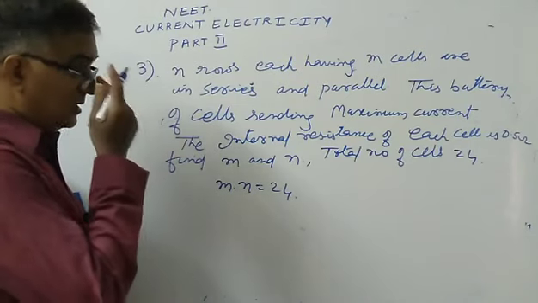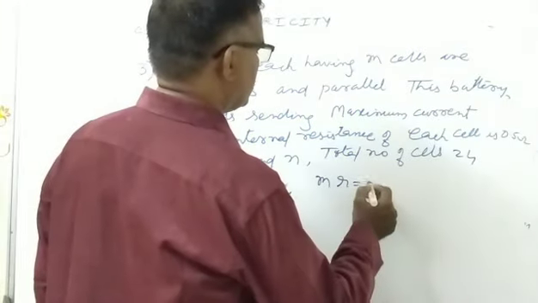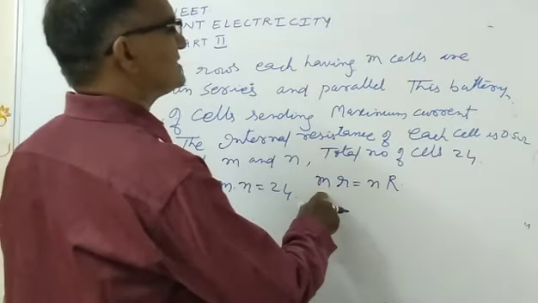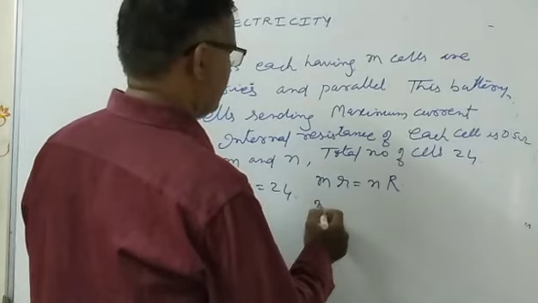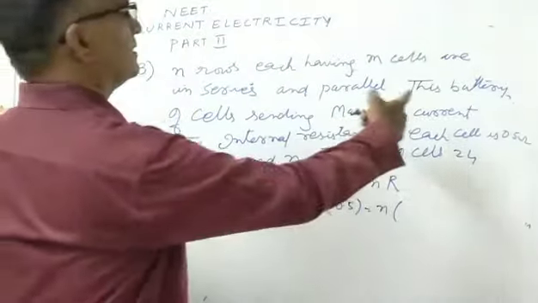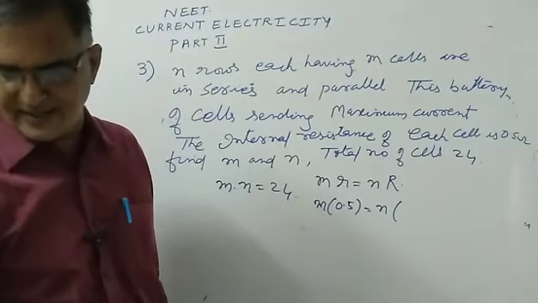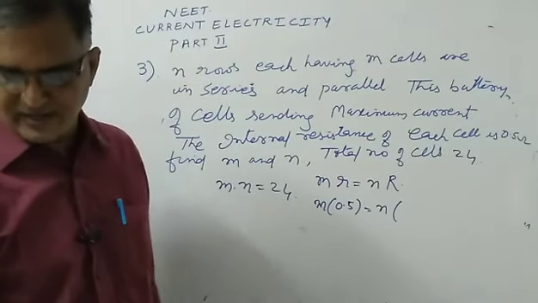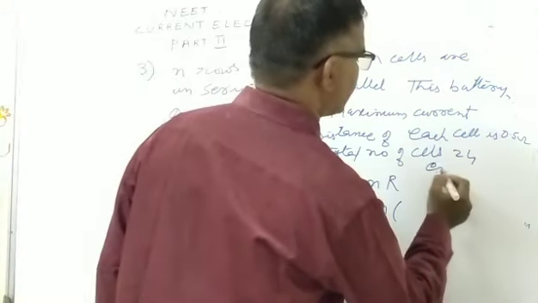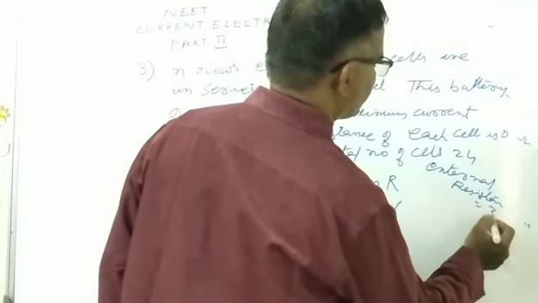Now for maximum current, m into small r is equal to n into big R. Here m is the number of cells, and the internal resistance is 0.5, so m into 0.5 is equal to n into the external resistance, which is 3 ohms.